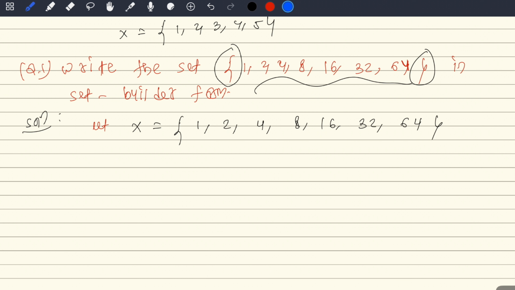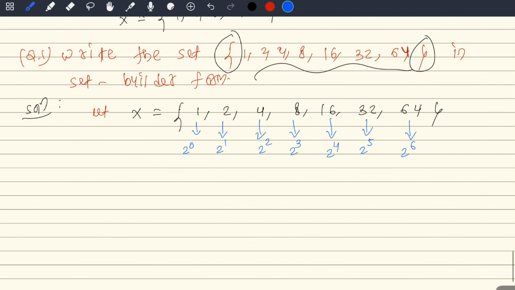So clearly we can write 1 as 2 to the power 0, 2 as 2 to the power 1, 4 as 2 to the power 2, 8 as 2 to the power 3, 16 as 2 to the power 4, 32 similarly 2 to the power 5, and 64 becomes 2 to the power 6.